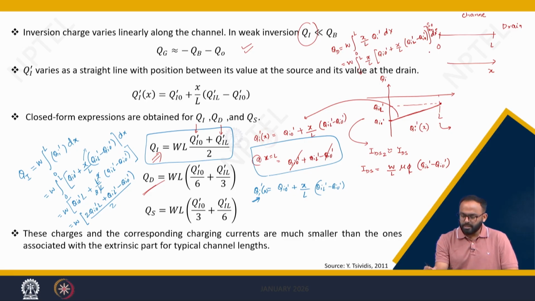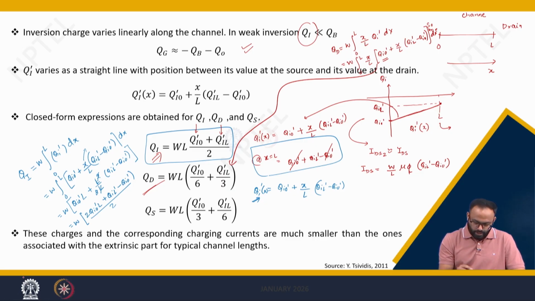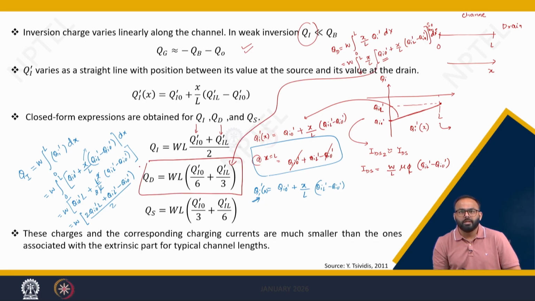When you do this integration and put the proper limits, once you get a square term and once you get the simple integration. Then when you solve this, you will get this expression. So ultimately, this shows how my fictitious charge QD varies in the channel. Here, interestingly, you can see QS and QD: if you sum them up, you get the same QI. So these charges in weak inversion can be easily calculated because the inversion charge depends on the position.